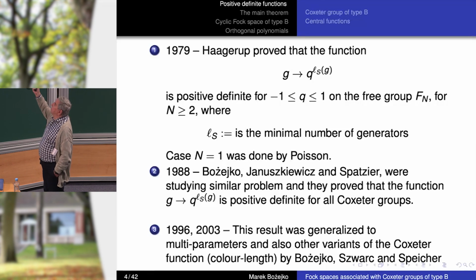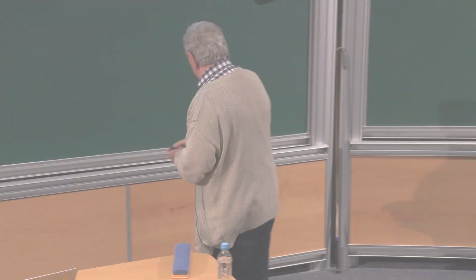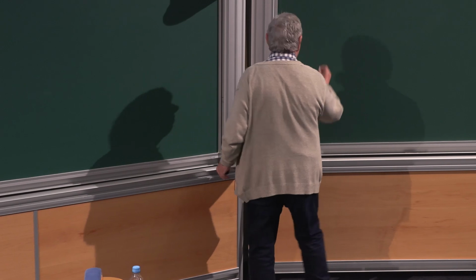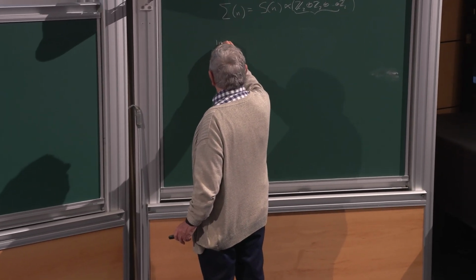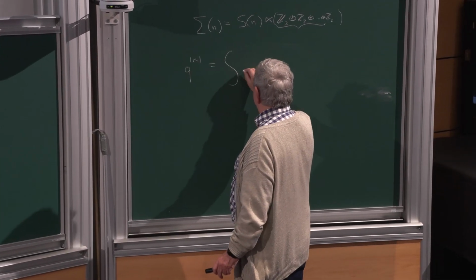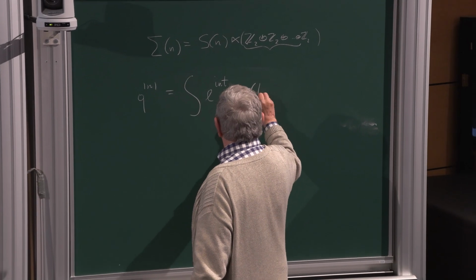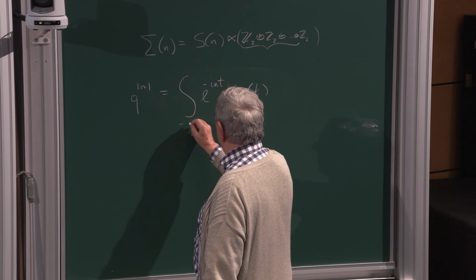The starting point, when we come to groups, of course, was Poisson, who observed that the function q to the modulus of the length is positive definite. So this was Poisson: the function q to the length, for n in Z, is the Fourier transform of a measure on the interval from minus pi to pi.